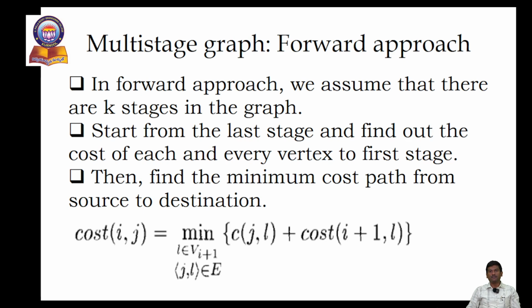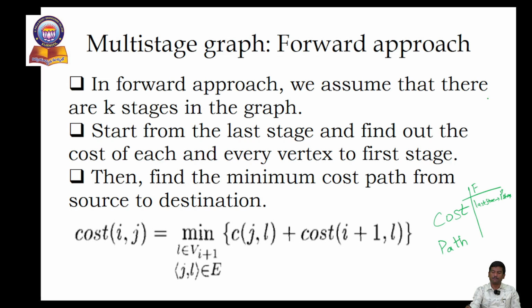Within the forward approach or the backward approach, there are two parameters, that is cost as well as the path. In the forward approach, the cost is identified in reverse order, that is from the last stage to the first stage.